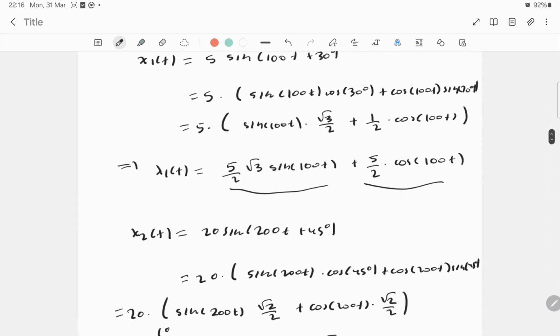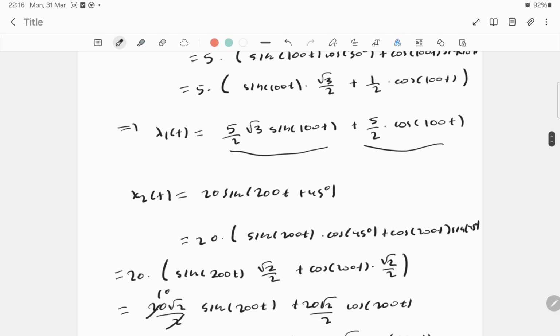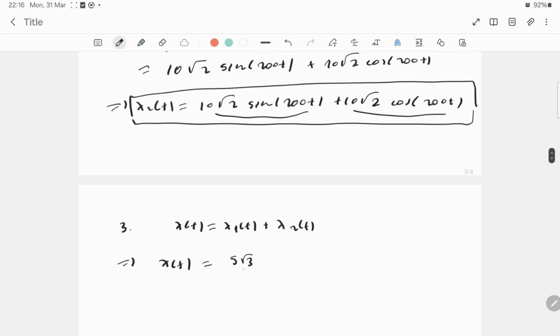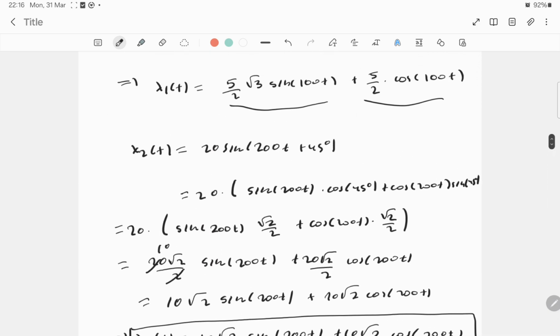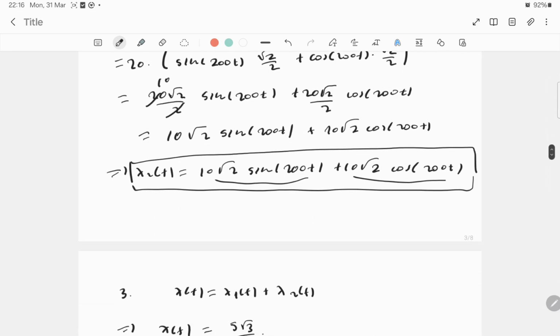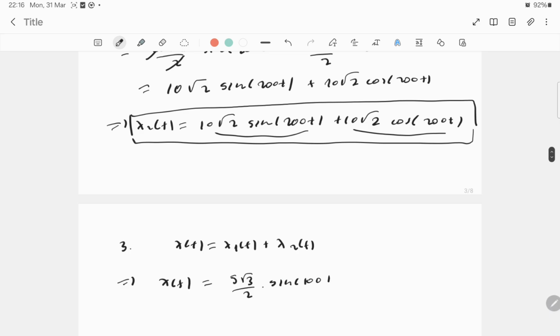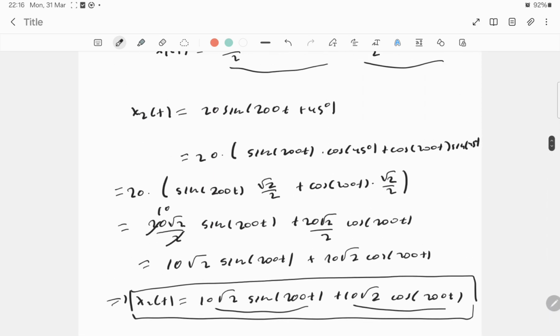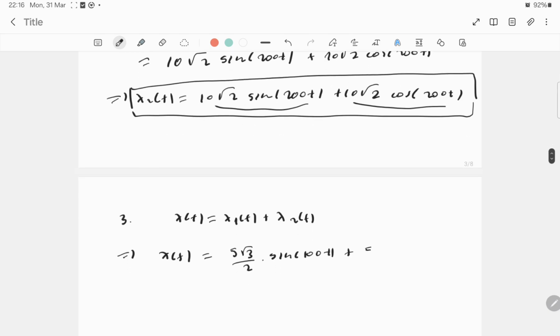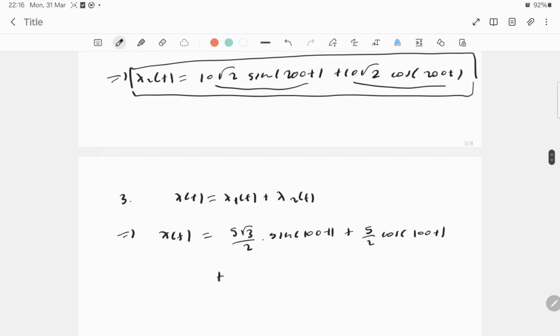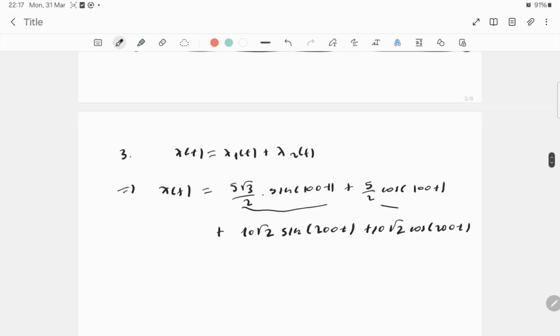So my x1 of t, I can substitute that formula, 5 square root of 3 over 2 times sine 100t plus 5 over 2 cos 100t, plus the x2, which is 10 square root of 2 sine 200t plus 10 square root of 2 cos 200t. So I have 4 distinct components there.